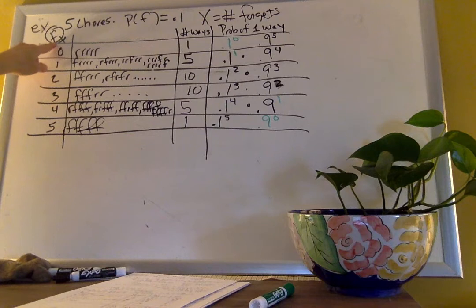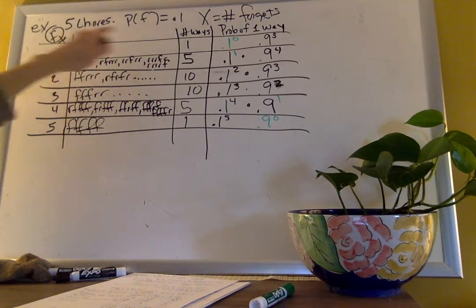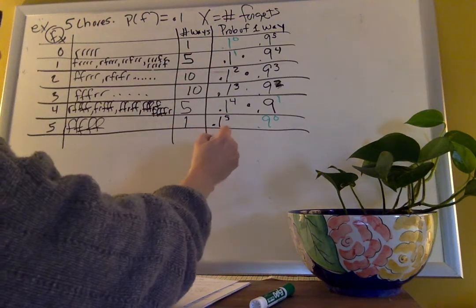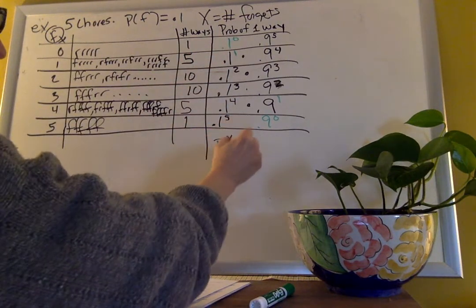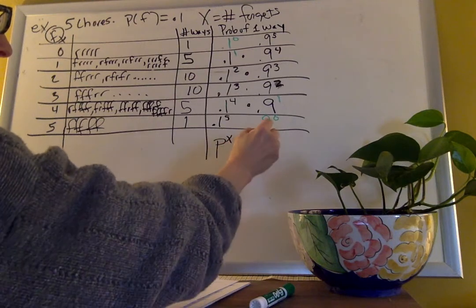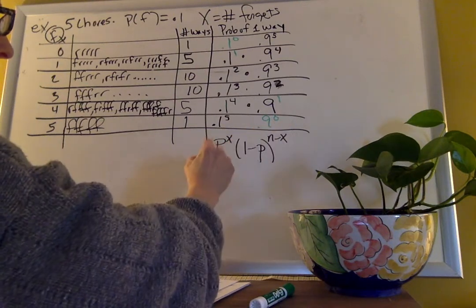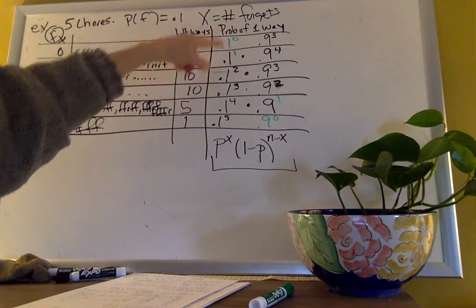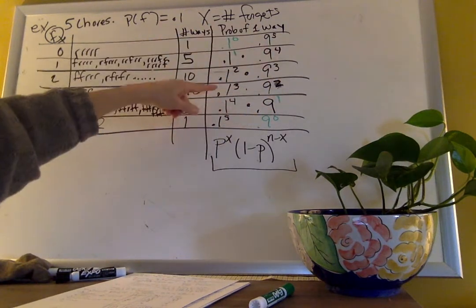Remember how I was interested in forgets, right? And 0.1 was the probability of forget. This generic formula, look, that summarizes the pattern.